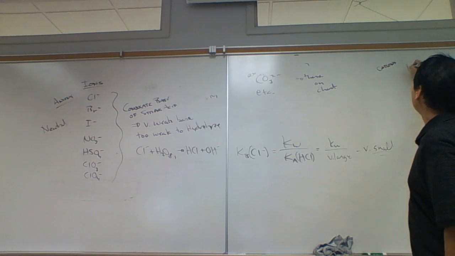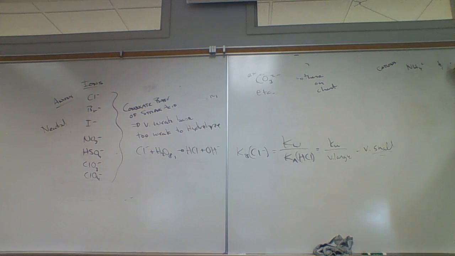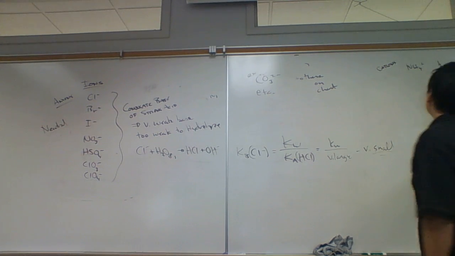What about the cations? For cations, we have ammonium and the amine derivatives, like trimethylammonium. They're all going to look the same, except rather than a hydrogen, to have some kind of hydrocarbon attached to it. And so these are weakly acidic.